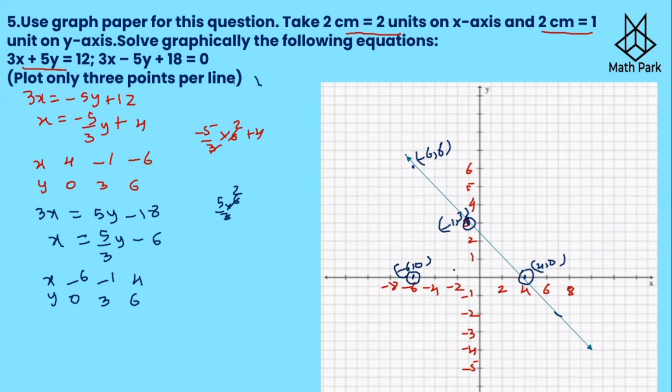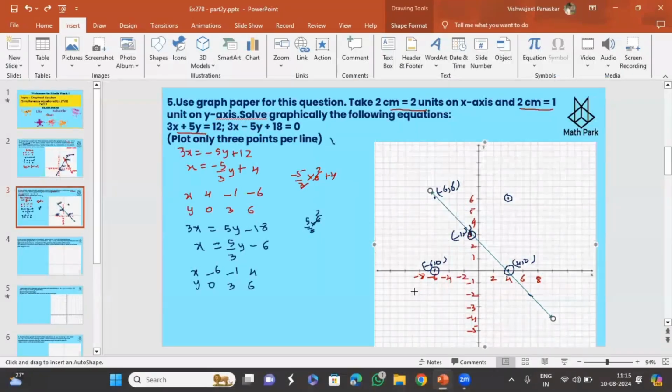Then you have 4 comma 6, on x-axis 4, on y-axis 6. So 4 comma 6 is this point. Now let us draw the line for this. Drawing the line passing through these 3 points exactly. And this is how our line is ready.